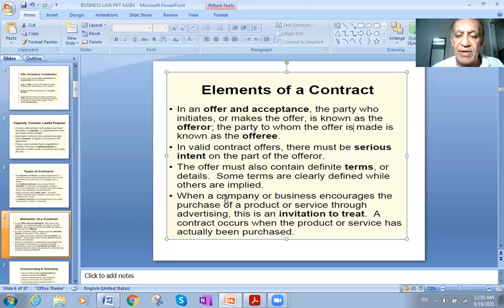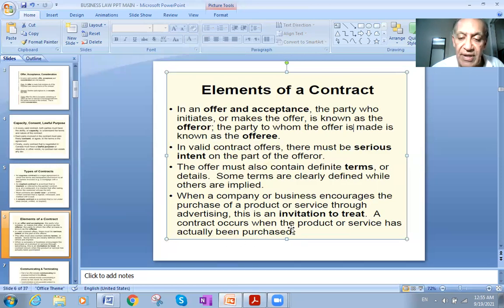Okay. Again, when a company or a business encourages the purchase of a product or service through advertising, so now, while I do advertising, I encourage you to buy. This is called an invitation to treat.